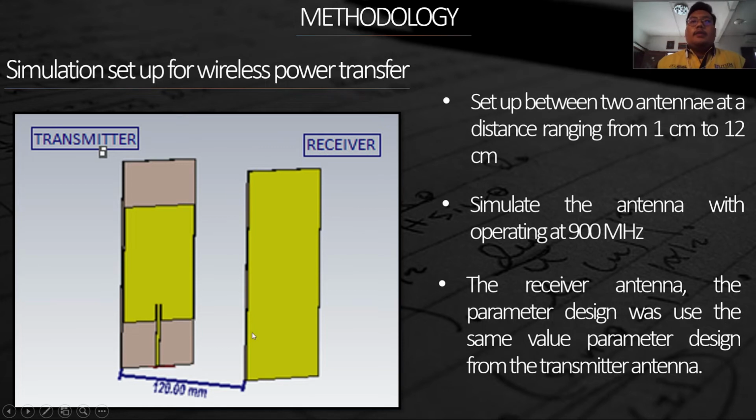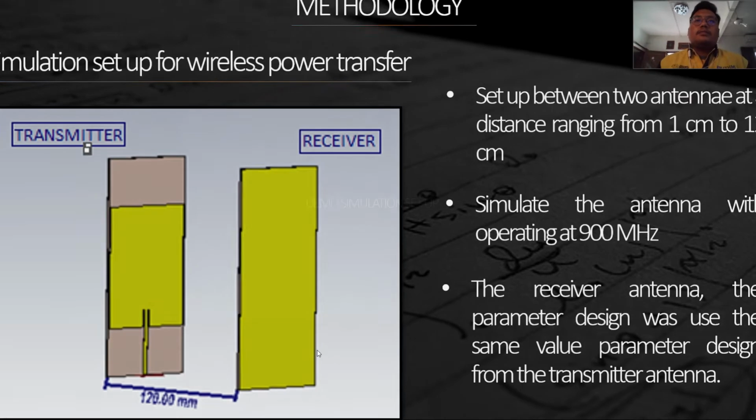And then we simulate the antenna operating at 900 megahertz, and the receiver antenna parameter design uses the same values as the parameter design for the transmitter antenna. So we just copy and paste the parameters of the transmitter to be the receiver antenna.